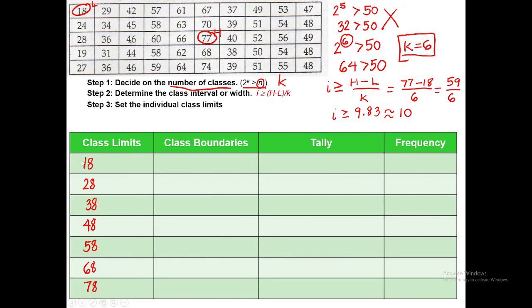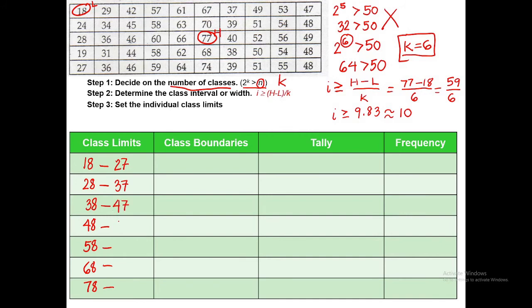Now, the numbers we wrote for the classes are the lower class limits. Again, what we are writing are simply the lower class limits. Now, to get the upper class limits, it's so simple. Start with 28. 28 minus 1 is 27. 38 minus 1 is 37. Then plus 10 again: that's 47.